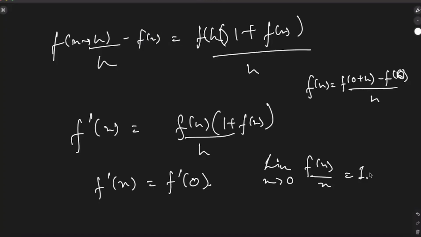So since f(x) upon x is equal to 1, then we can write f(0) upon 0, so f(0) is equal to 0. Now, what we had written was, if I take limit x tends to 0 of f dash x, this was equal to what? f dash 0. Now this has come out to be 1.